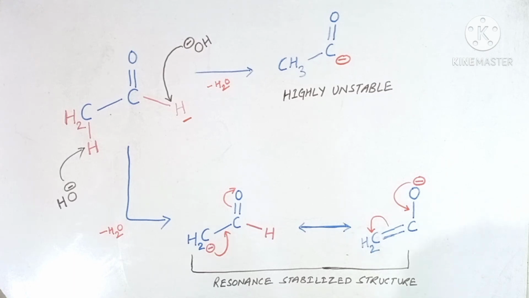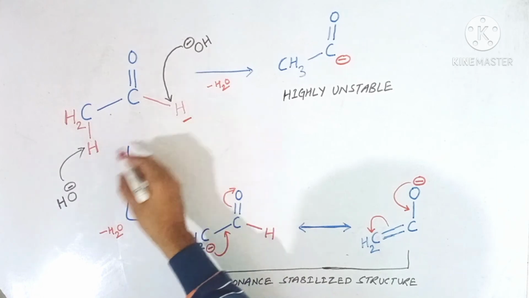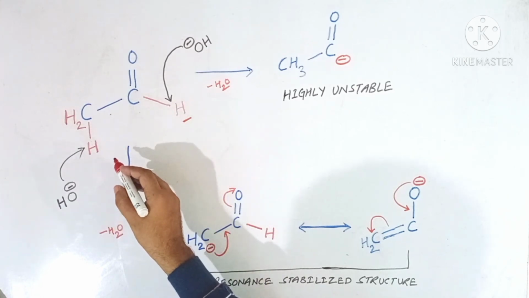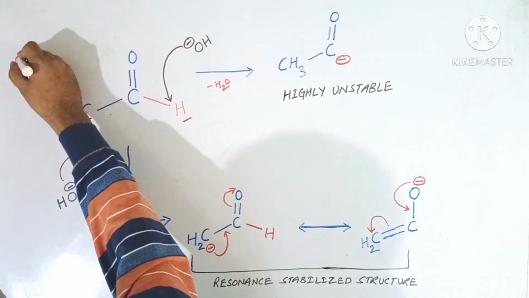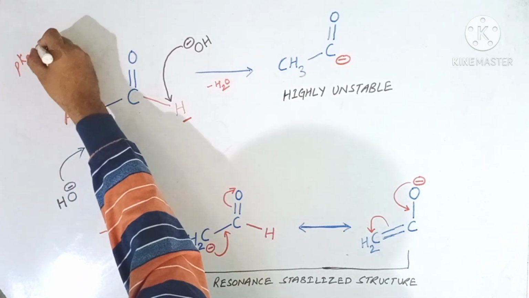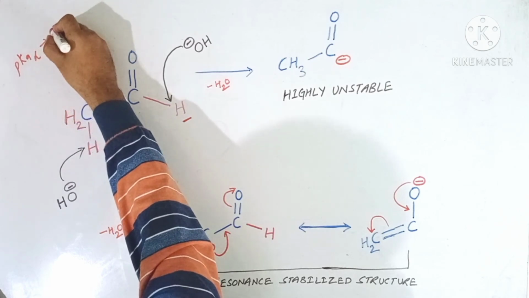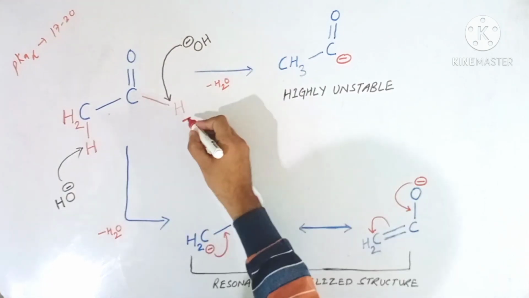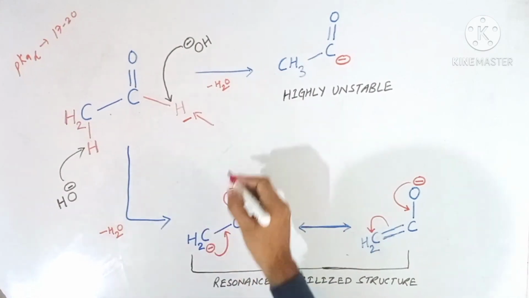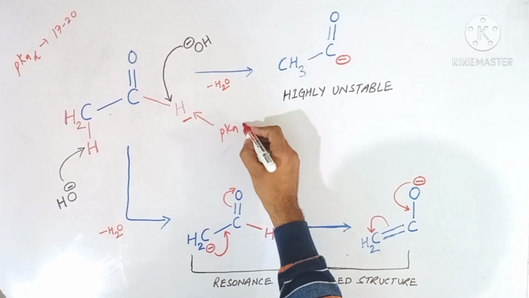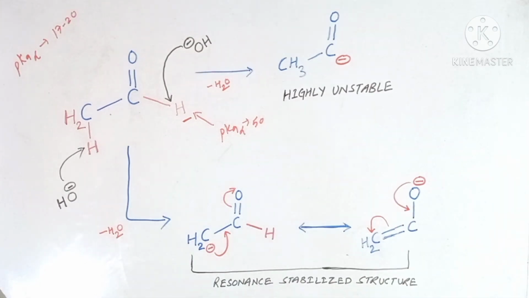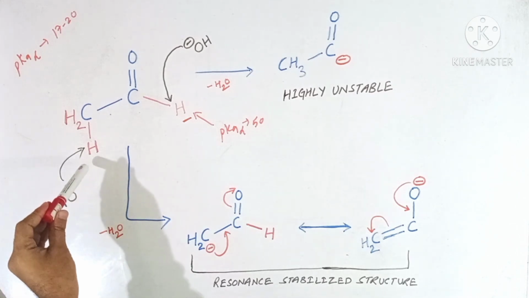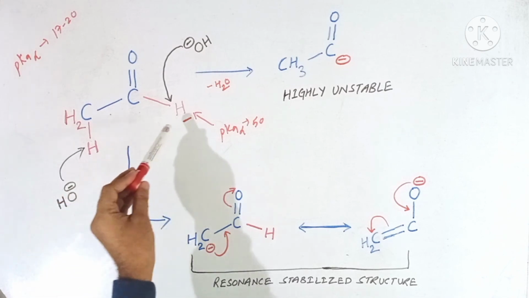And moreover, if we compare the pKa of both these protons, you will find that the pKa of this alpha hydrogen is near about 17 to 20, but the pKa of this carbonyl hydrogen resides around 50. So you can imagine how easily this proton can be taken out by a base as compared to this.